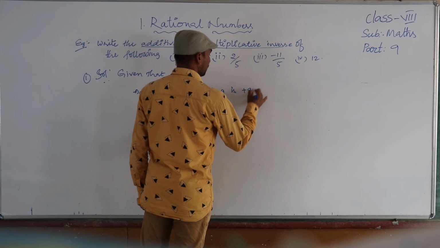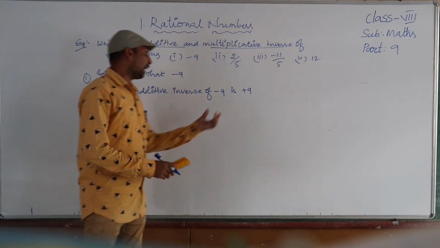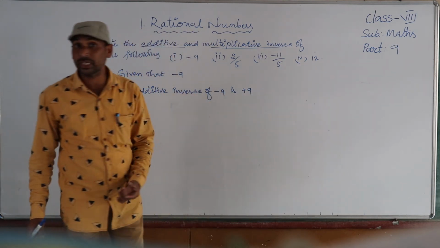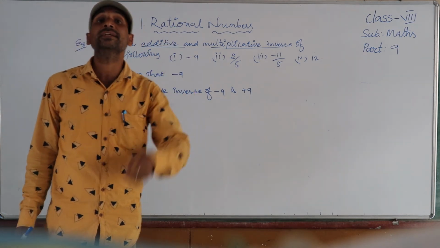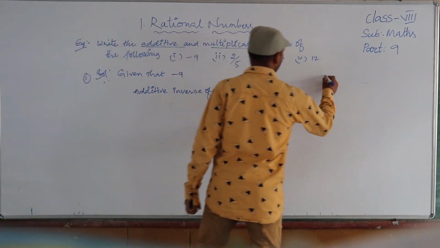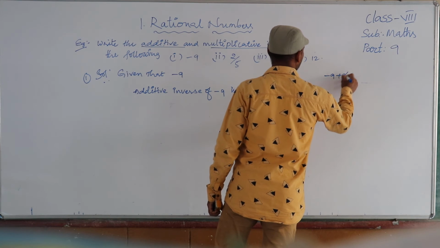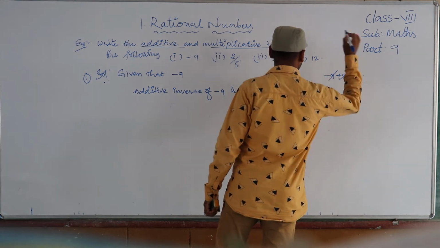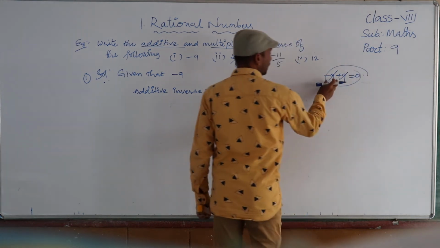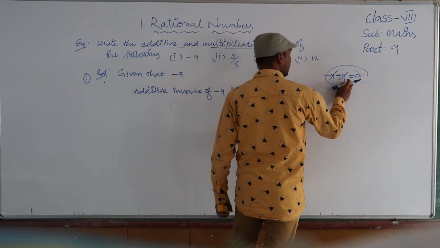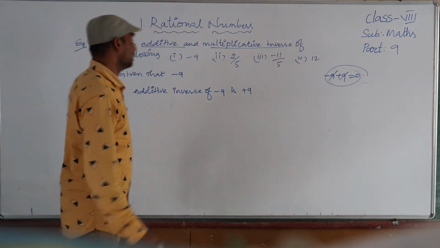Plus 9. Because if you add these two, you should get additive identity. So minus 9 plus 9, we are getting 0. So that's why the additive inverse of minus 9 is plus 9.